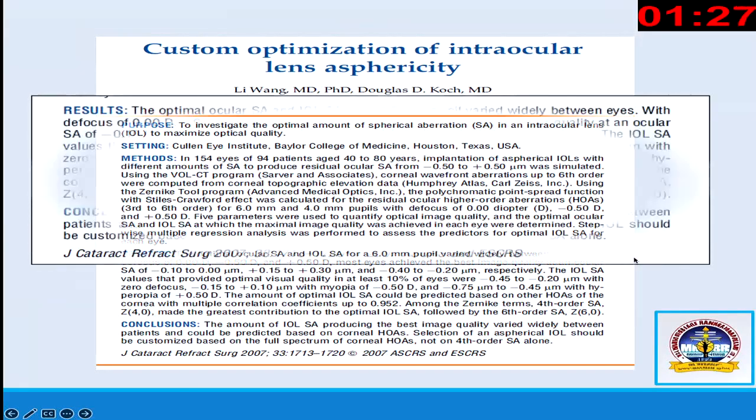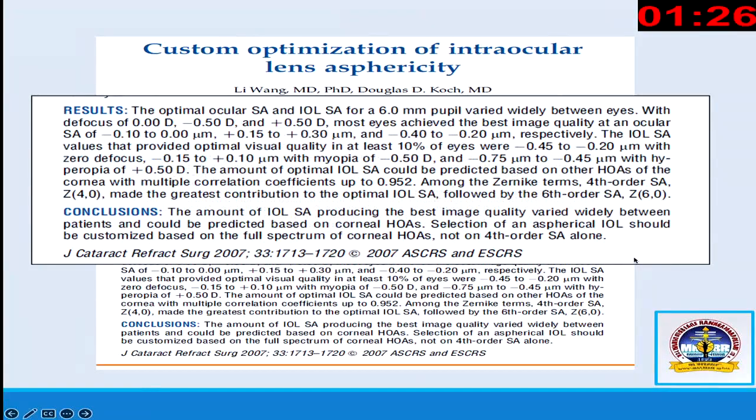So this is a paper from way back in 2007 by Cox et al., which showed that the ocular spherical aberration and IOL spherical aberration for a 6 millimeter pupil varied widely between eyes with defocus of 0, minus 0.5 or plus 0.5.